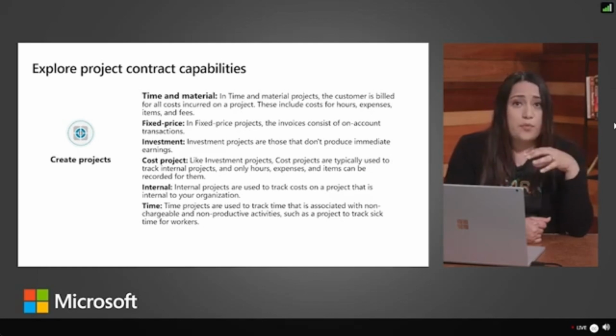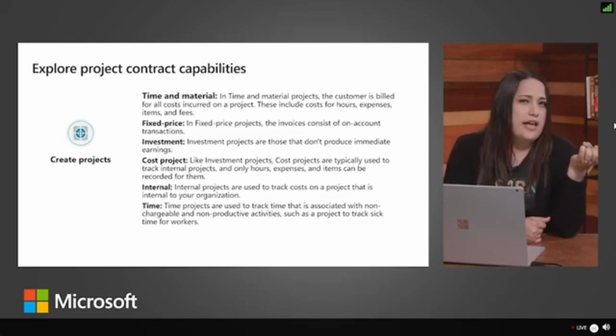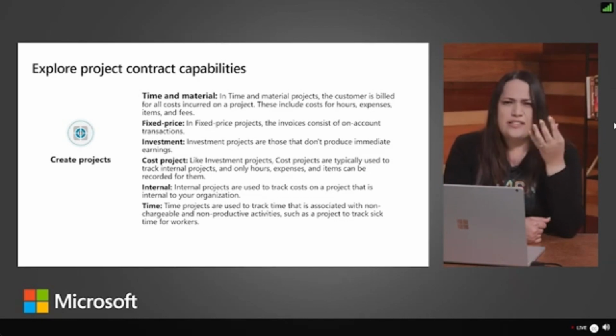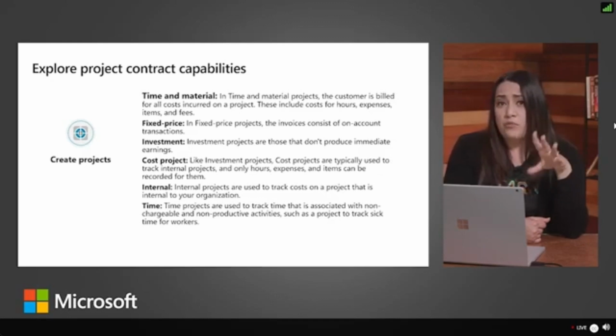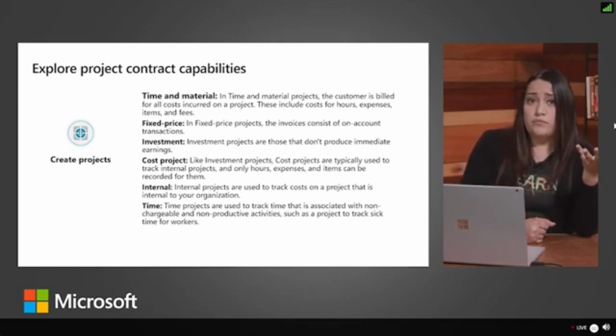With these types of projects, we're only tracking the time and we don't have any costs hitting the ledger. So this project type would be used, let's say, for tracking workers who are not working on a billable project, but we still need to track their time. For example, if we have an employee who's taking vacation or if they're sick, we need to track their time for employee utilization.